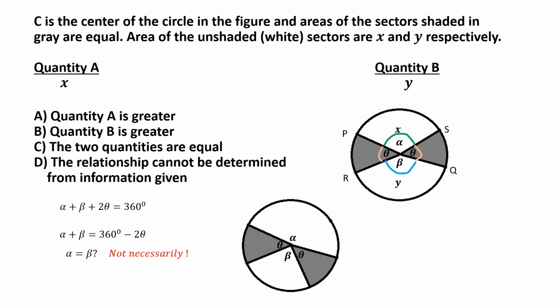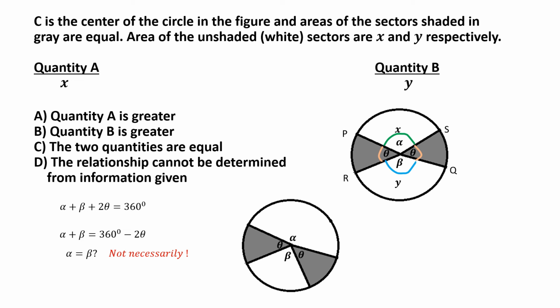And this leads to different possibilities or different orientations of the equal gray sectors with respect to each other, which will change the areas of the white sectors, and not necessarily uniformly.